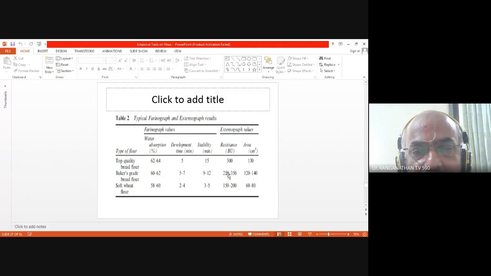And between 250 to 350 is a baker grade bread flour. Now, what is the difference between top quality bread flour and baker's grade bread flour? Again, we'll see later that in the case of a baker's grade bread flour, whatever we are doing as of now.